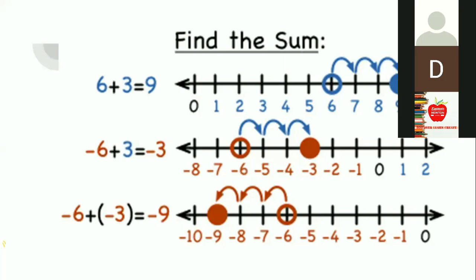Okay. Next, third example. You can see it in the third row. Minus 6 plus minus 3. Both are negative values. Here, this is a third step. We are thinking of a different example. Both the numbers are negative numbers. So first of all, the first number is minus 6.